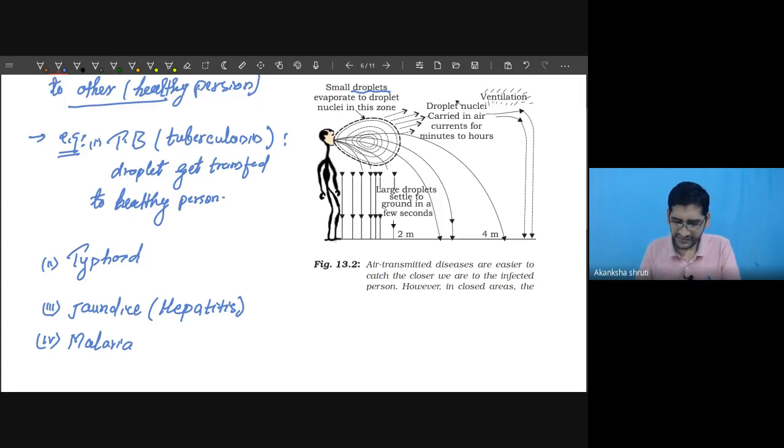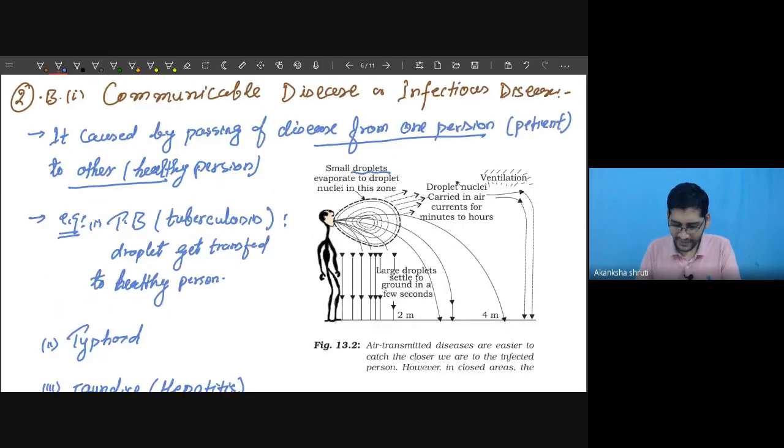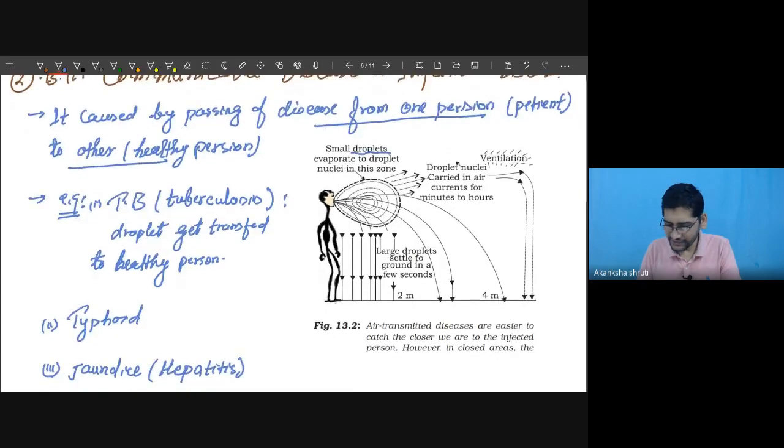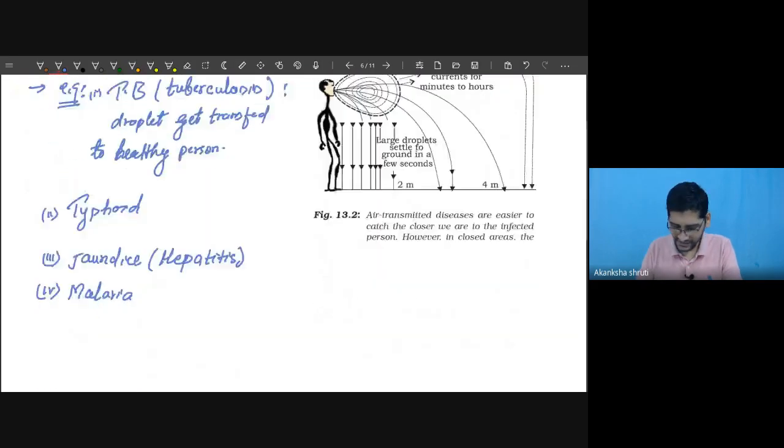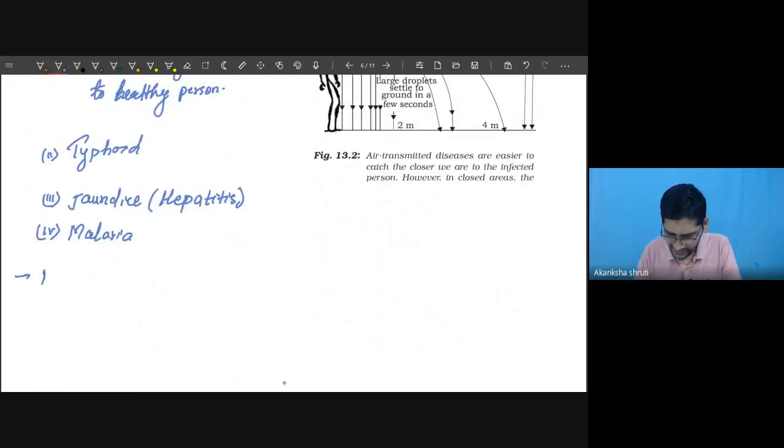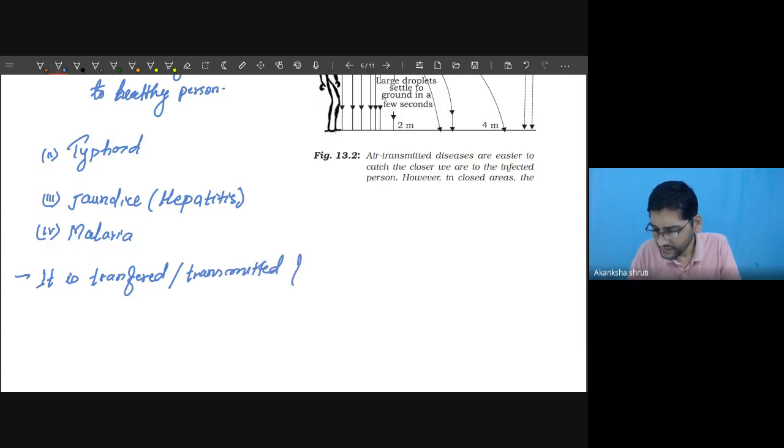Student, how does this communicable disease get transferred from one person to another? It is transmitted from one person to another.